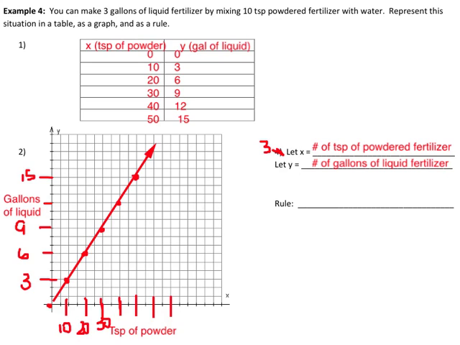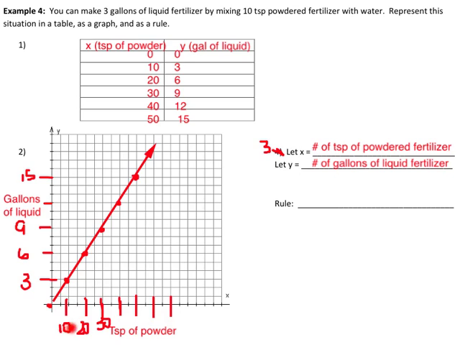We should recognize that since this goes through the origin and it's a straight line, it means it's a proportional relationship. And if you recall, proportional relationships have the equation y equals mx. So really, we only have to find m, which is the slope, and you can see the slope. It's rising 3 and running 10.